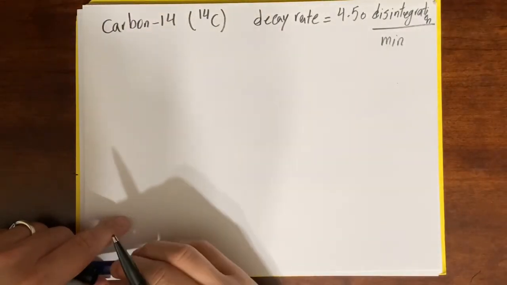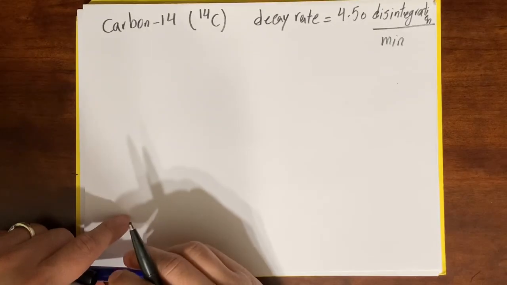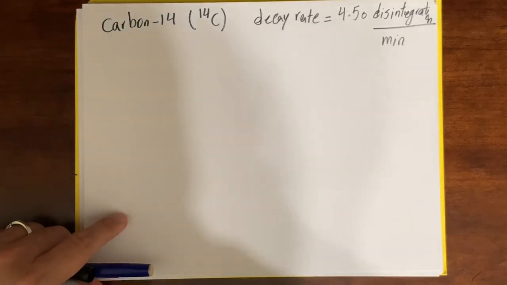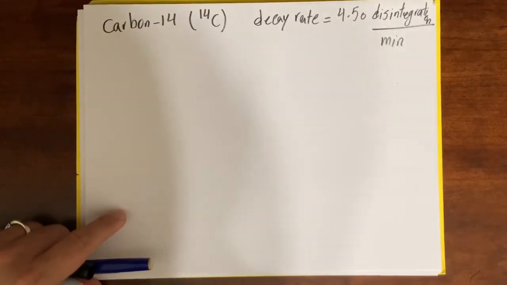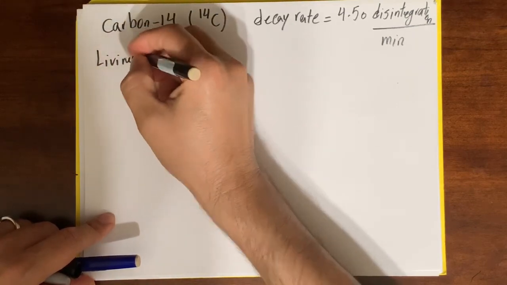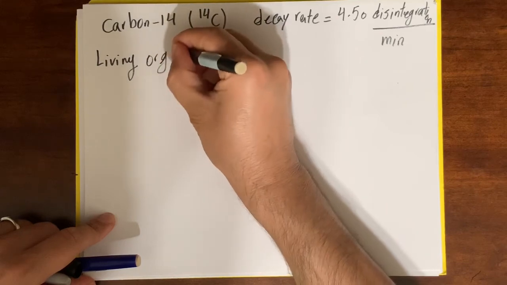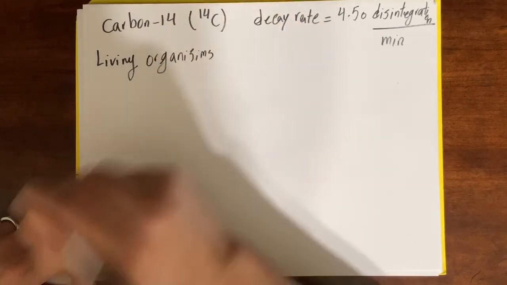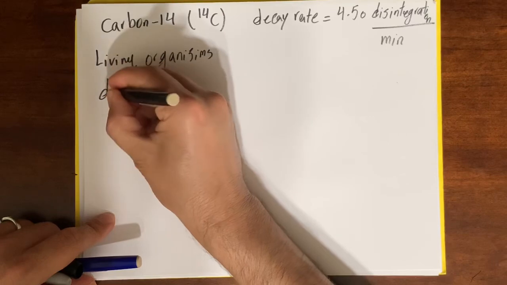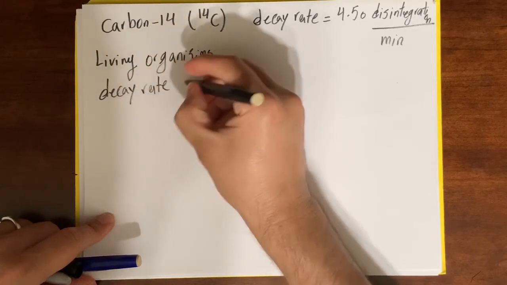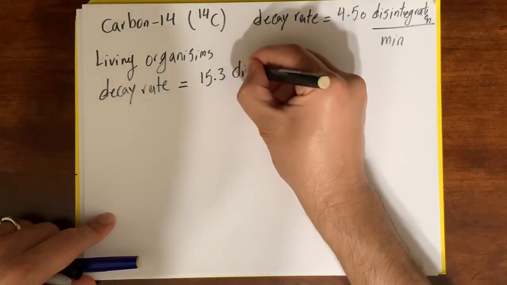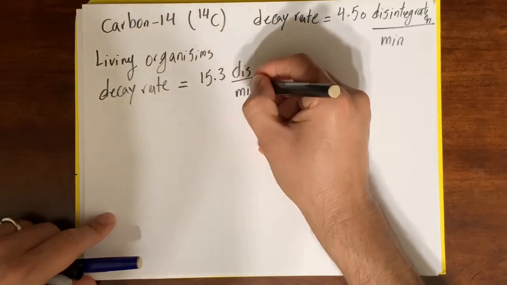The next thing that we have, it says if a living organism has a decay rate of, this time I'm going to write it here, 15.3 disintegrations per minute.